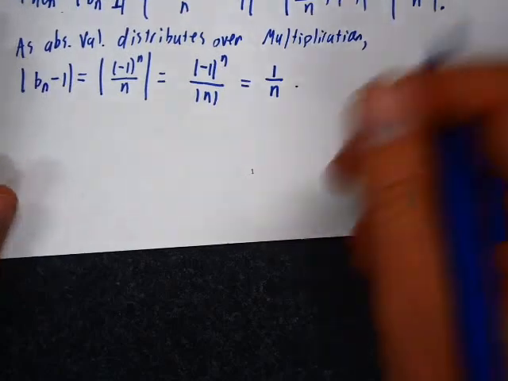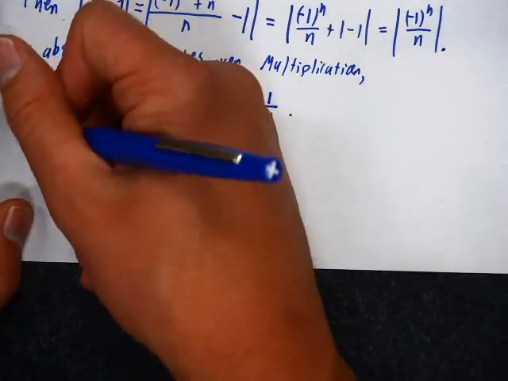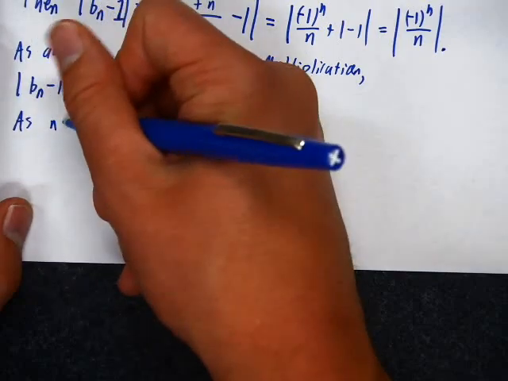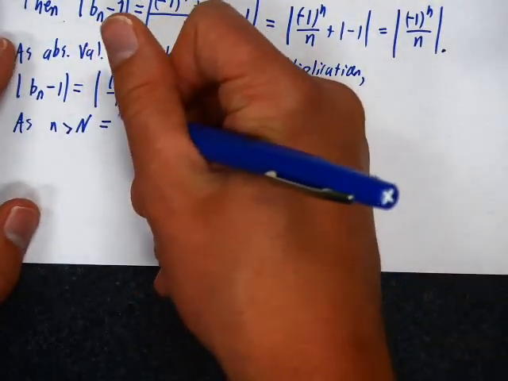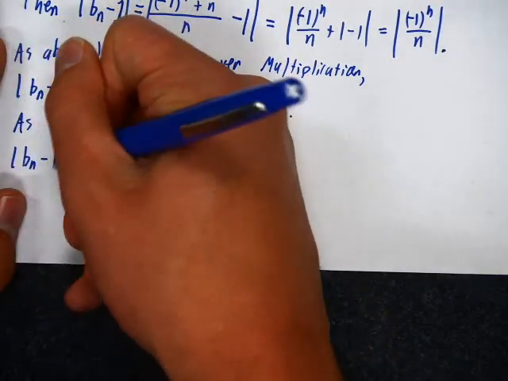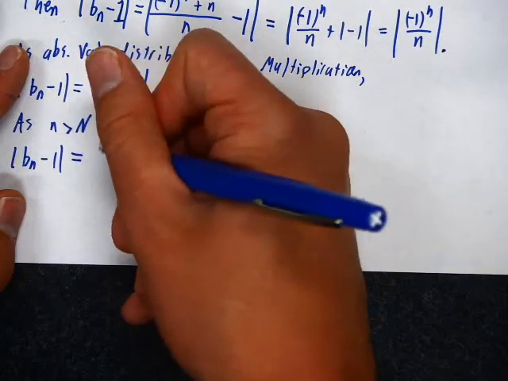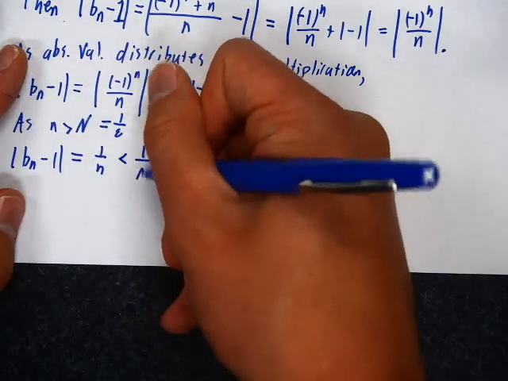Now we can take advantage of all of our assumptions. We assume that little n is bigger than big N, which equals 1 over epsilon. The absolute value of b sub n minus 1 is equal to 1 over n, which is less than 1 over big N.